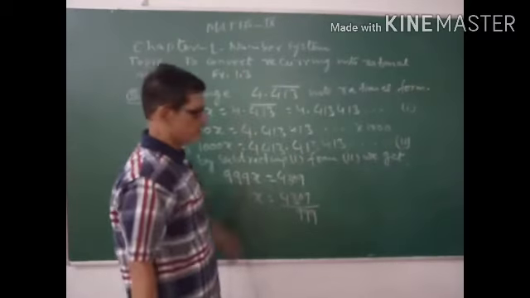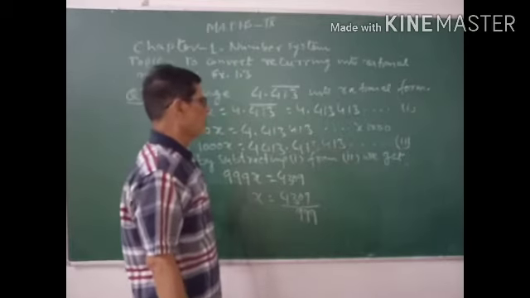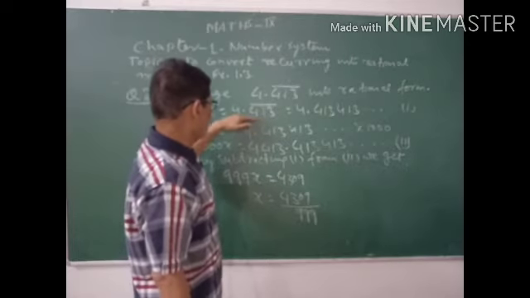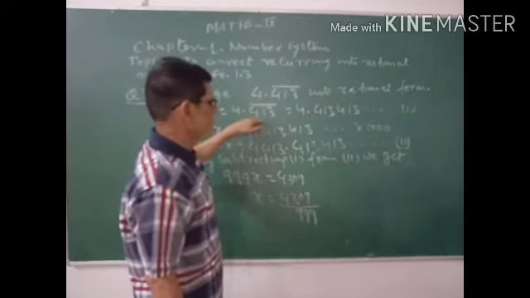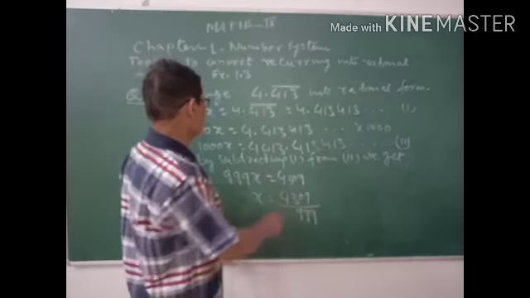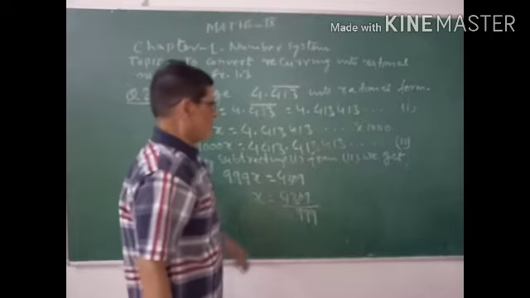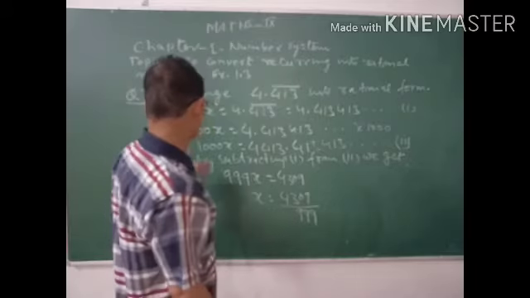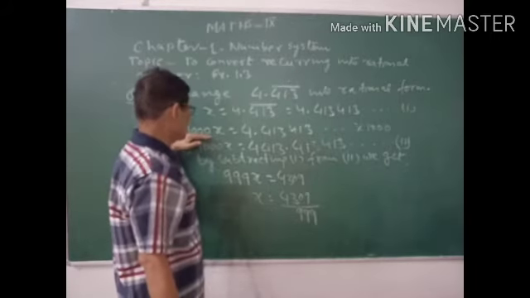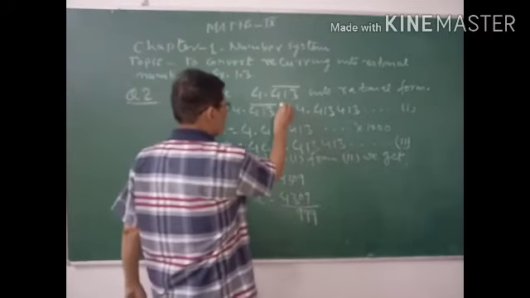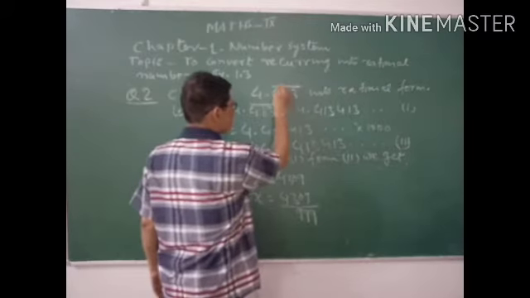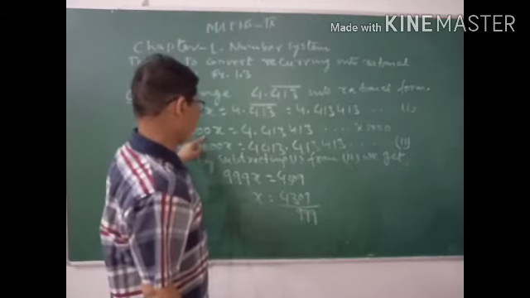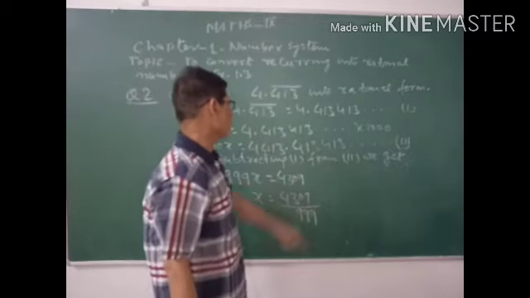Now in the previous example I have already told you that in the first step we take out one set of recurring digits out of the decimal. So here there are three digits of recurring. So we must multiply by 1000 on both sides to take out one set of recurring digits 413 out of the decimal. So I have multiplied by 1000 on both sides.